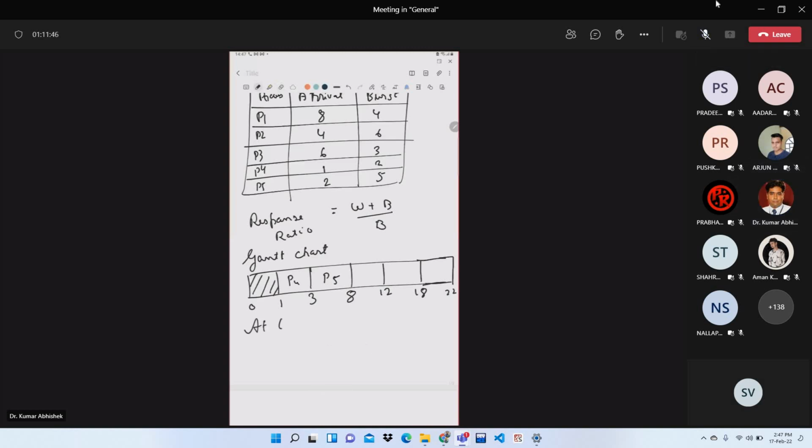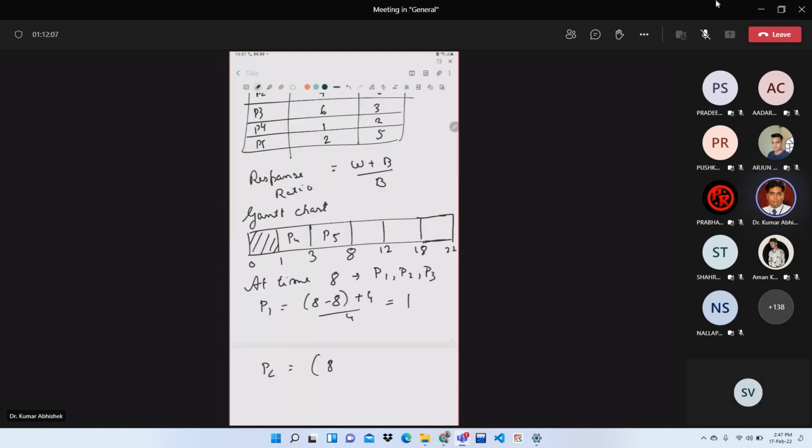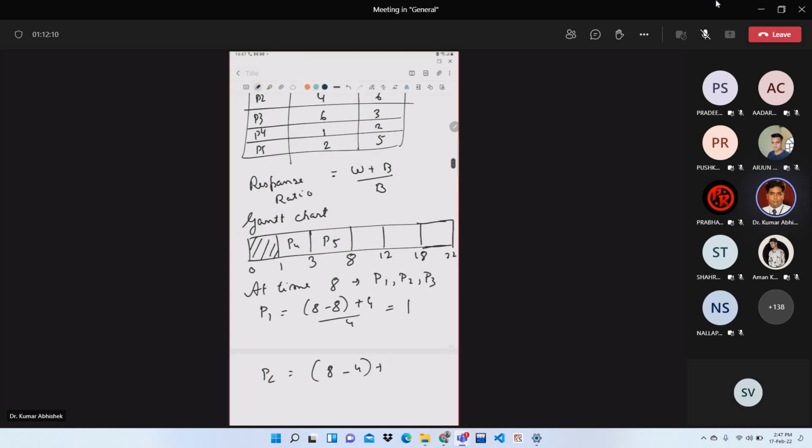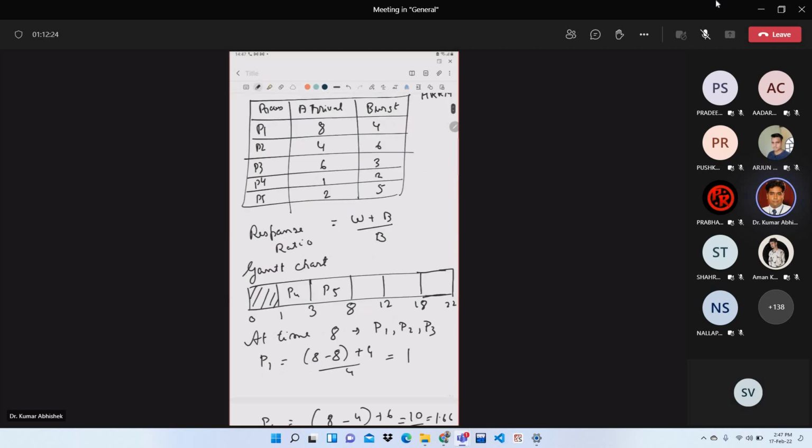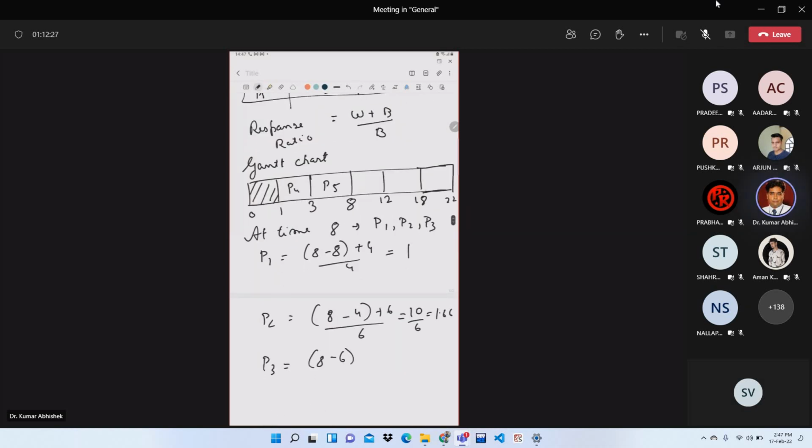At time 8, we have P1, P2, P3. P1: 8 minus 8 plus 4 by 4. P2: 8 minus 4 plus 6 by 6.